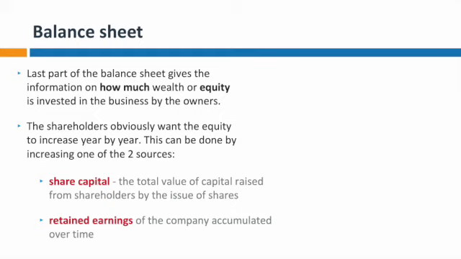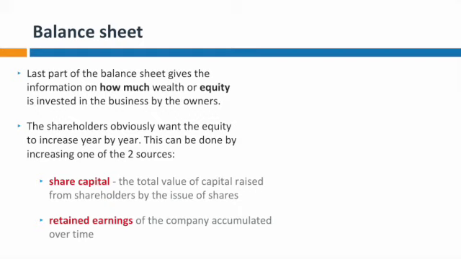At the beginning, it can be just 1,000 crowns, 10,000 crowns, 100,000 crowns. So not much. But the idea is that as you do your business, as you are active, you are increasing the equity of the business, the wealth of the business.